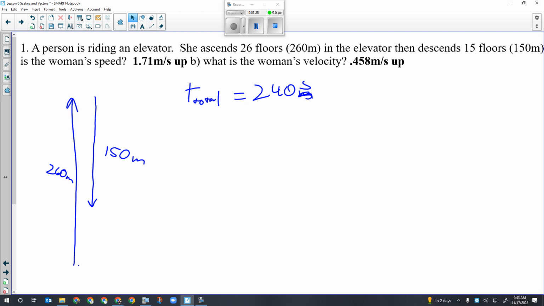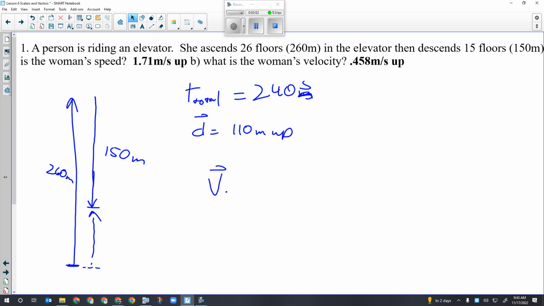She started here on the ground, went up 260, and came back down 150. How far is it here? You subtract 150 from 260. Exactly. So it's 110 meters up. My total displacement is 110 meters up.